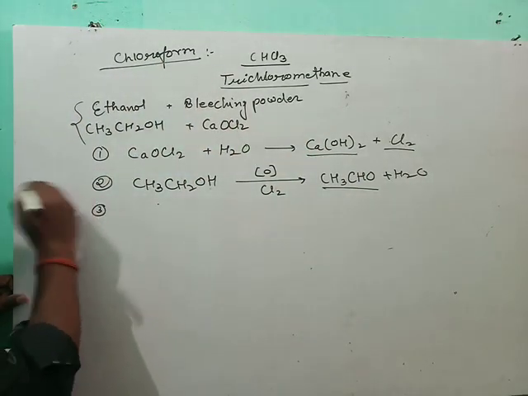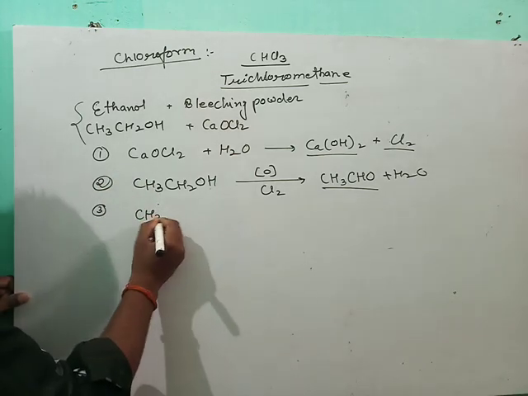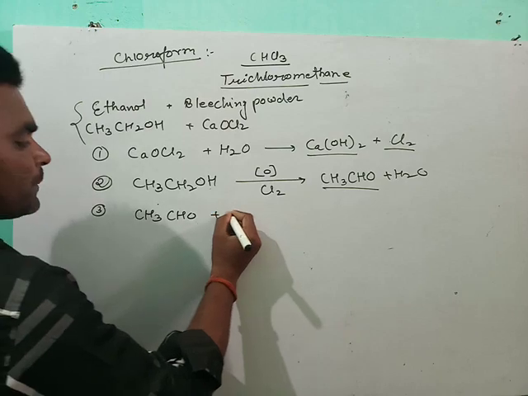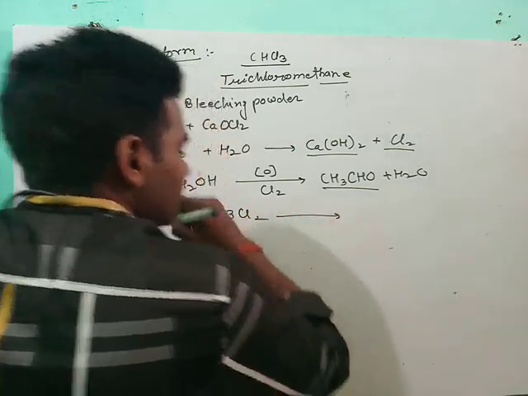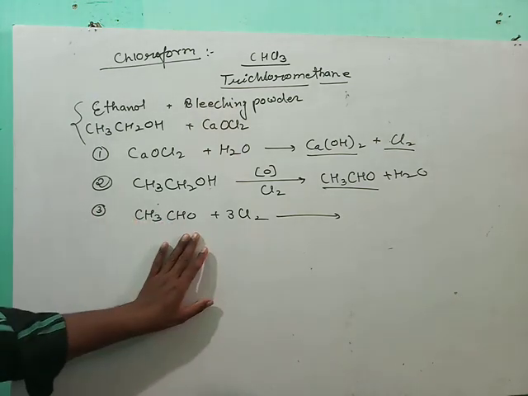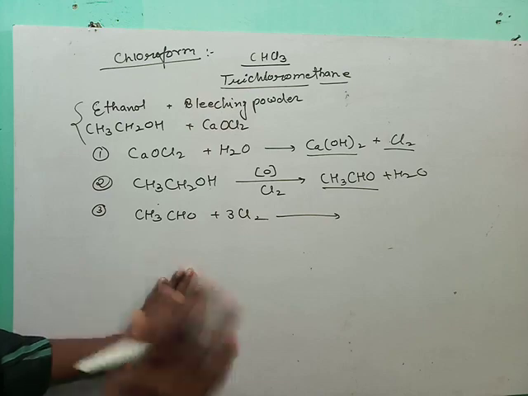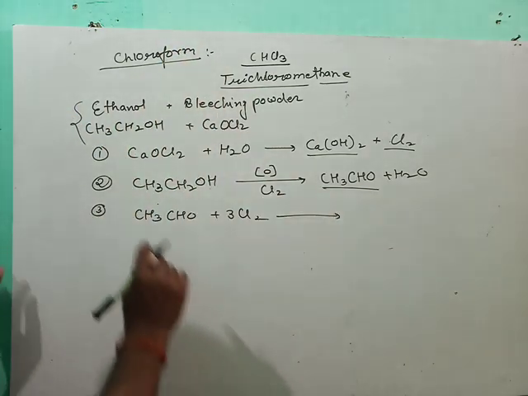And the third step of the reaction is CH3CHO plus 3Cl2. This reaction I explained just before, the formation of chlorine.